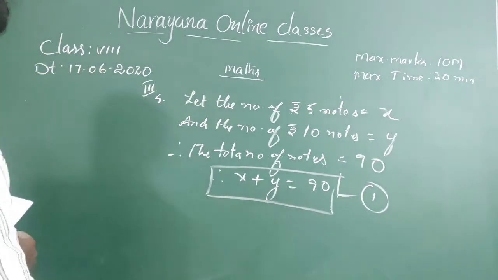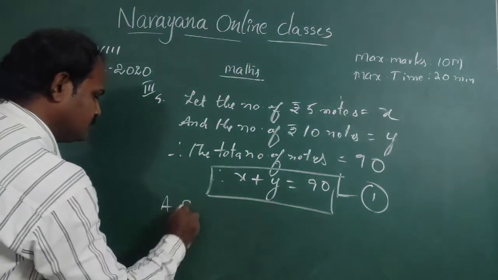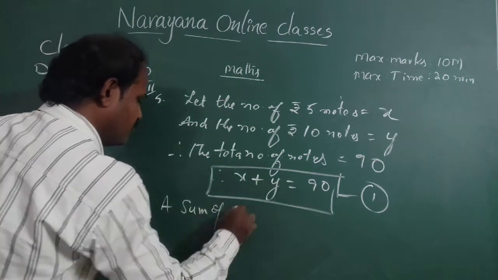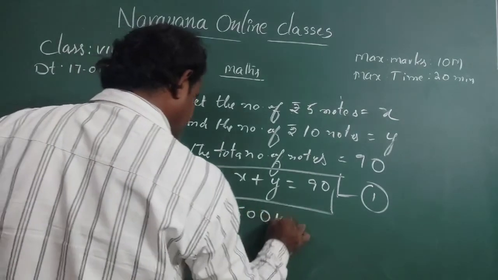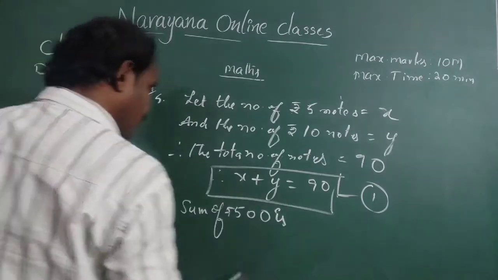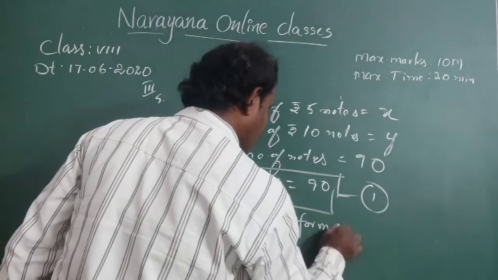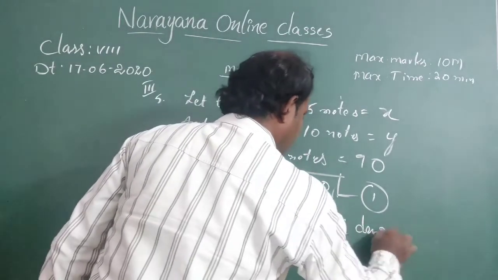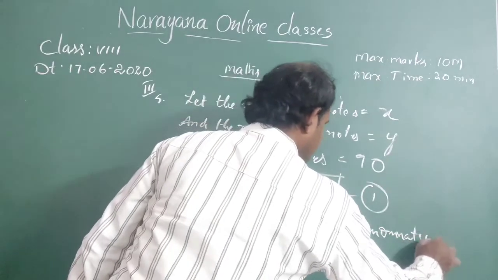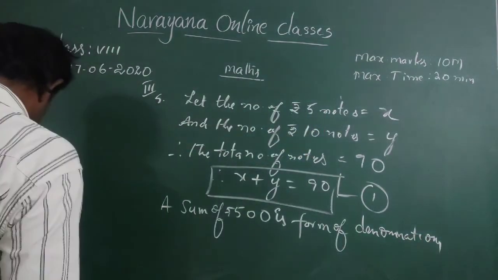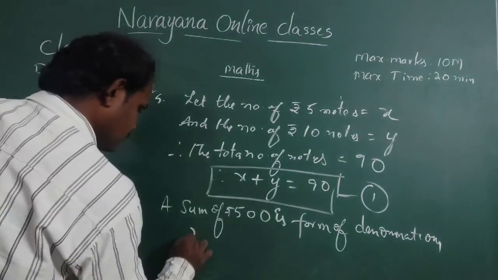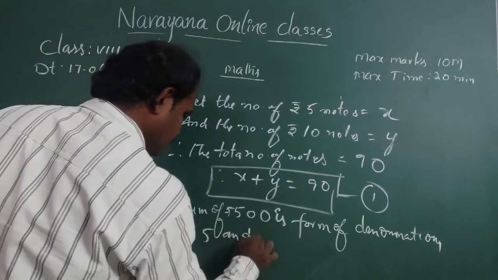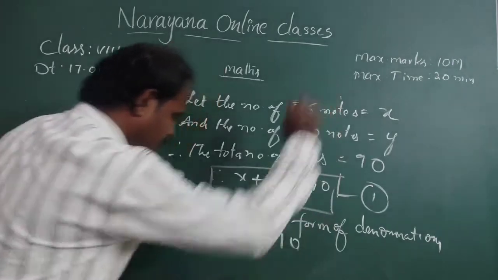A sum of 500 rupees is in the form of denominations of 5 rupees and 10 rupees.